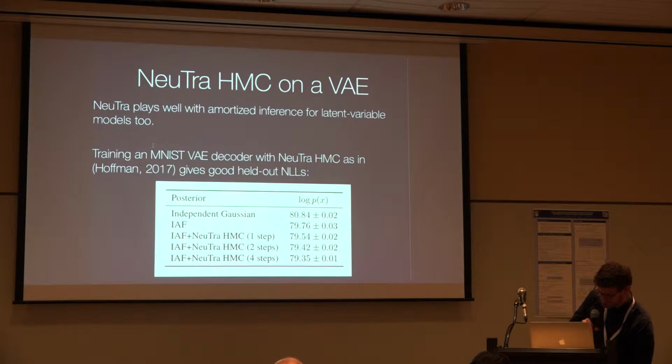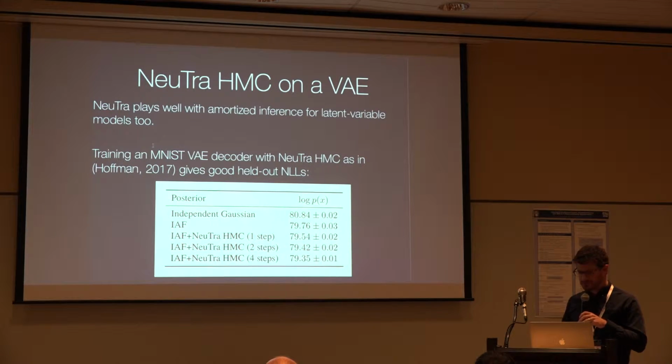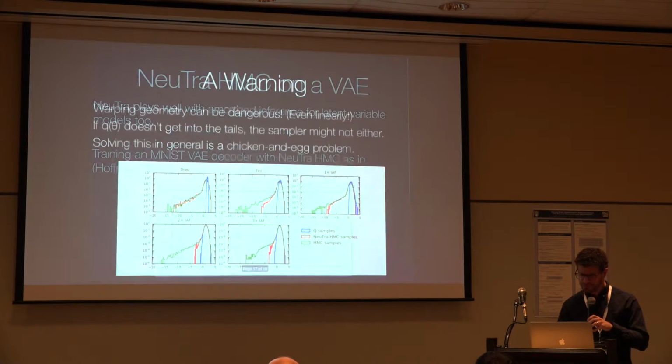So we use this to train an MNIST-VAE decoder, and Pavel did a great job of getting a strong baseline there. But even over this very strong baseline, we can get some nice improvements in held out log likelihood.